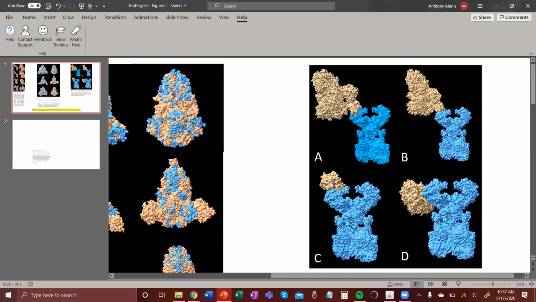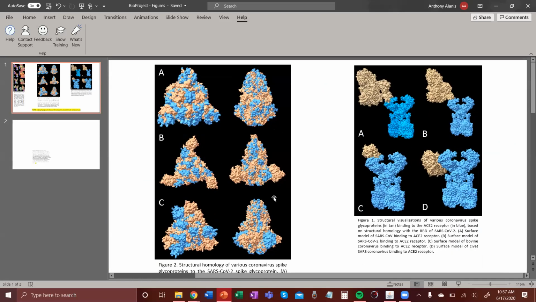I did the matchmaker command for this protein, and I matched them to this entire ACE2 receptor, and it automatically would go to this arm. I'm not really sure what the name of the binding region for that would be.